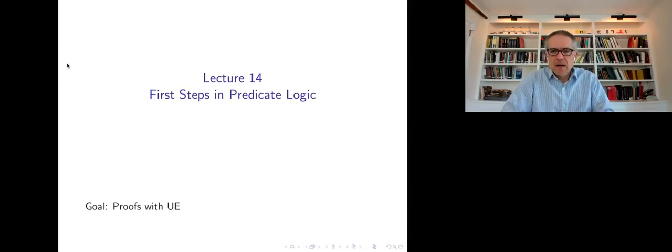Okay, so in the last lecture, we talked about how to represent sentences from English into predicate logic. And that shows us that predicate logic has some additional structure that propositional logic didn't have. In particular, predicate logic has the structure to represent the inner bits of sentences that are important for logical inferences.